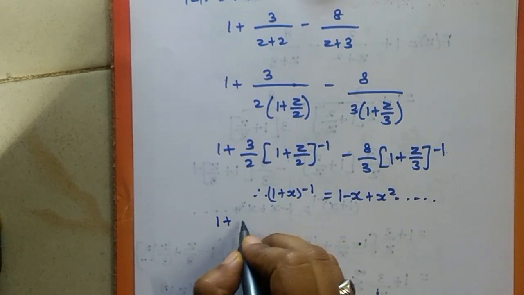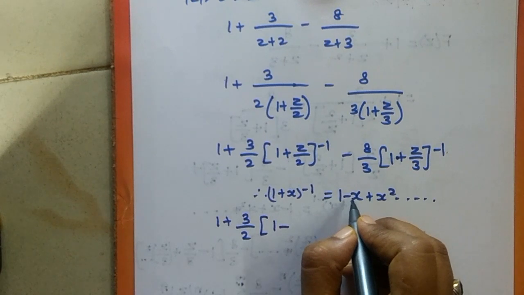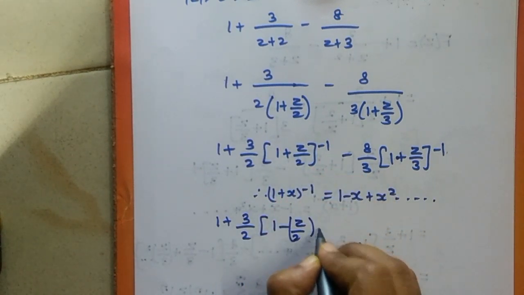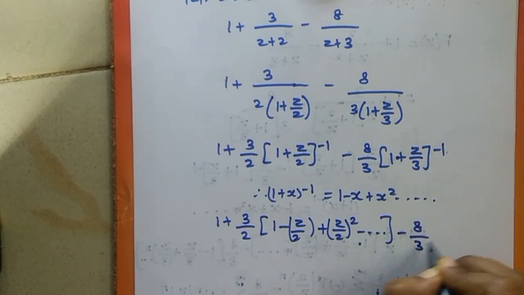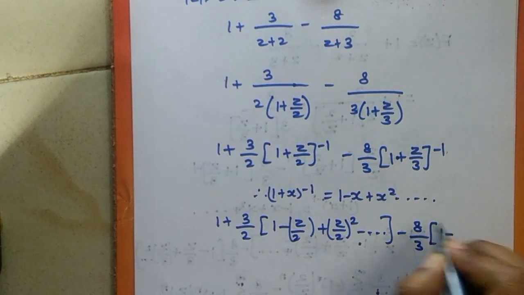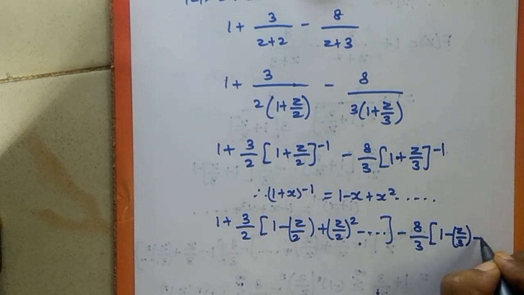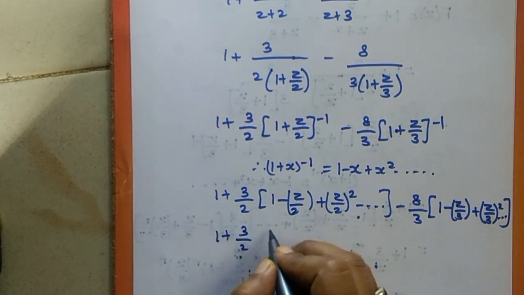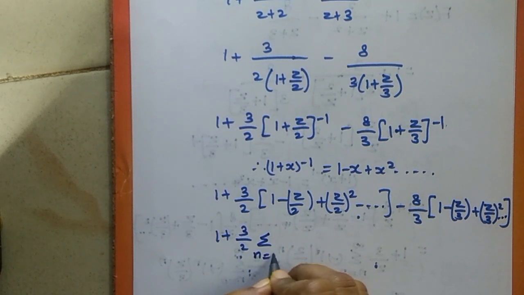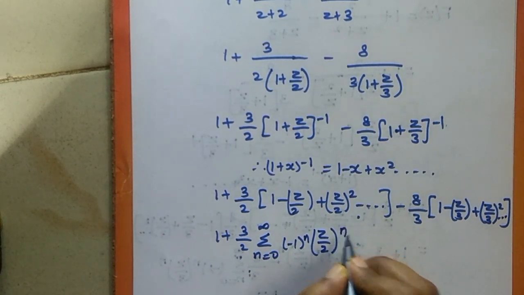Expand this term using this formula: 3 by 2 into 1 minus, in terms of x we have z by 2, plus (z by 2) square and goes on. Likewise, minus 8 by 3 into 1 minus, here in terms of x we have z by 3. We use the Taylor series representation, summation n equals 0 to infinity minus 1 power n, (z by 2) power n.